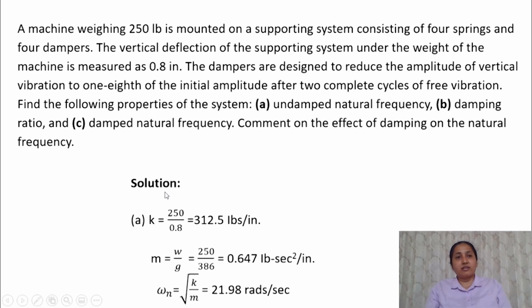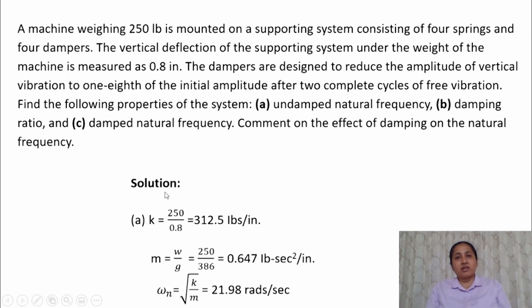So in the next problem, we have a machine weighing 250 pounds mounted on a supporting system consisting of 4 springs and 4 dampers. The vertical deflection of the support system under the weight of the machine is measured as 0.8 inches.